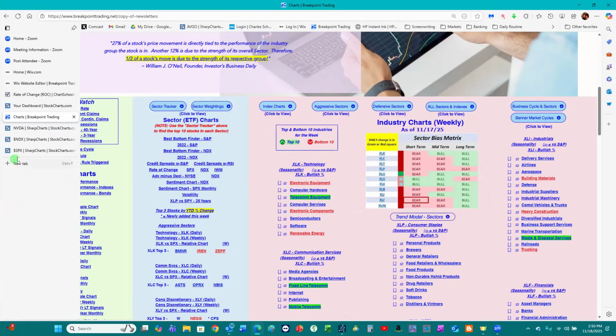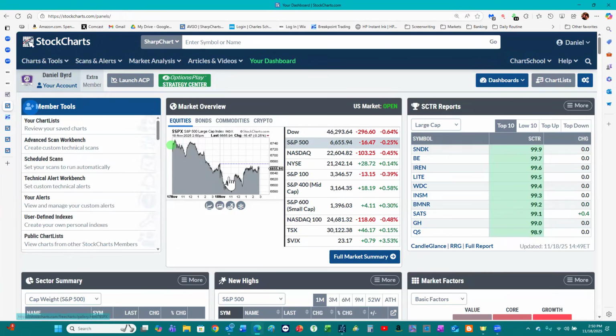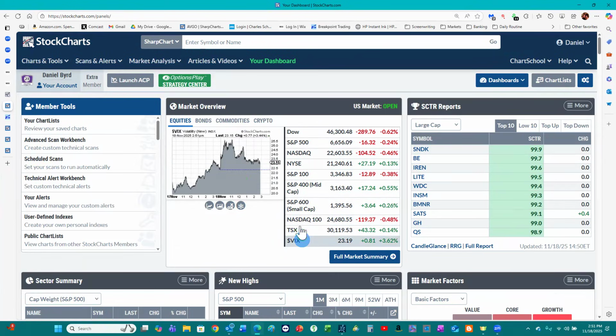Now, before I go to Thinkorswim, let's quickly take a look at the dashboard and just see where we are right now. So the S&P is making a comeback. You can see here's the open right here. So S&P starting to come back up. NASDAQ 100 just slightly below the open. The VIX now is at 23.